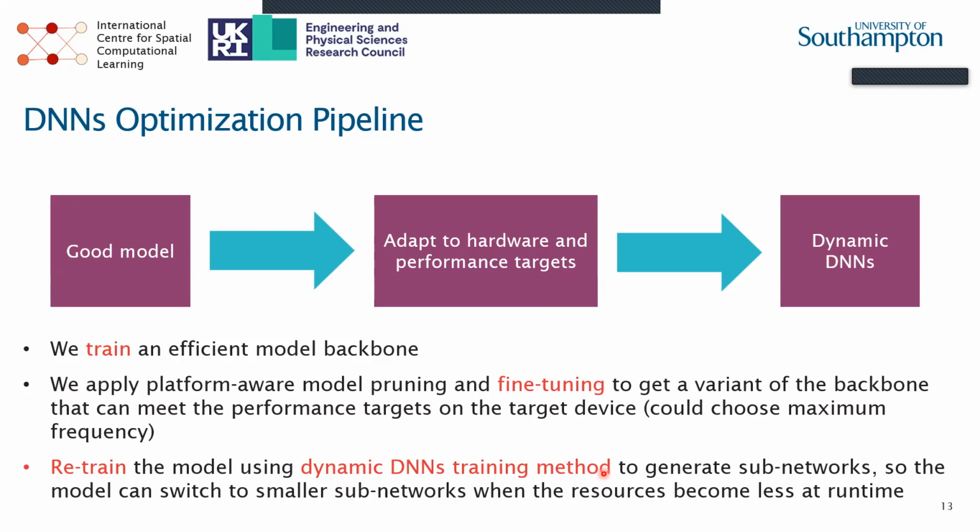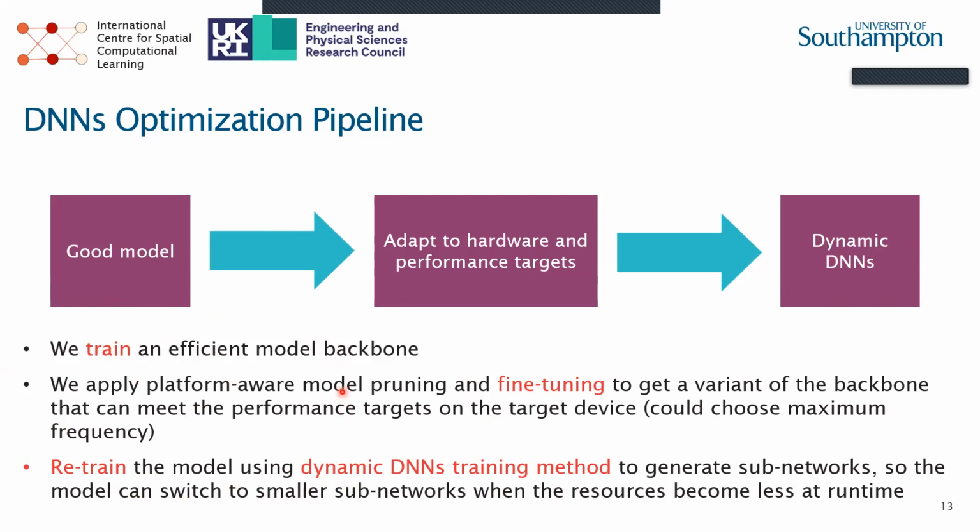But one issue here is that we need to do a lot of training, right? We first need to train the network, and then we need to do pruning and fine-tune the network. And in order to get the dynamic network, we need to train it again using a totally different training pipeline, training method. So we think that this is a problem. It is quite expensive to do.